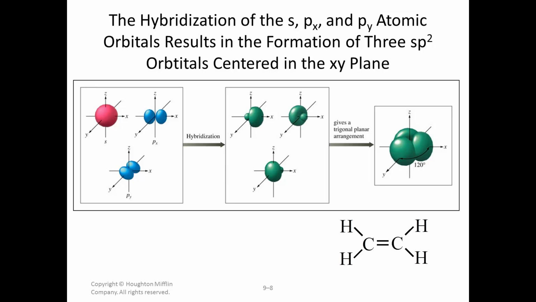Again, since we started with 3 atomic orbitals, we get 3 hybridized orbitals. The superscripts 2 plus 1 on the type of hybrid orbital, sp2, equals 3, which is the total number of hybrid orbitals. We have a 120 degree bond angle in this trigonal planar arrangement of our sp2 hybridized orbitals.